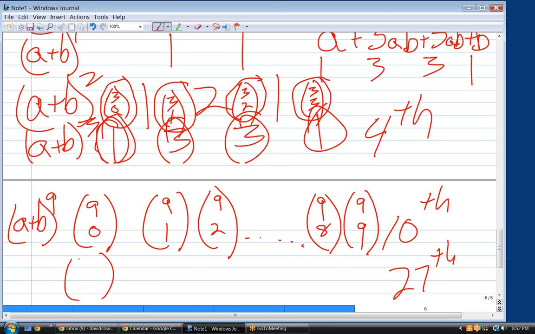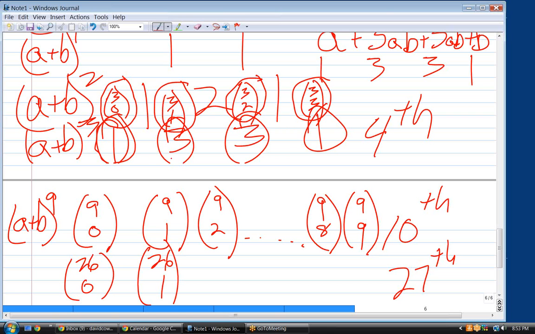Um, 27 choose... no, 0. No, the 10th row started out 9 choose 0. Oh, 26 choose 0. There you go. And the second term would be 26 choose 1, and so forth. There would be 28 terms.